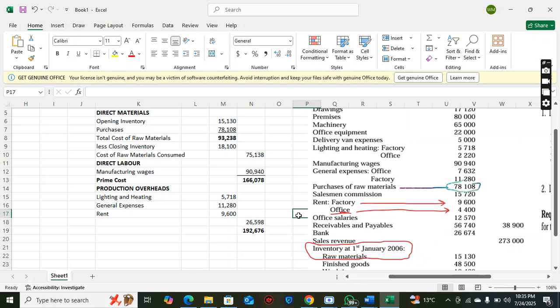Yes. So before we do that adjustment, any questions, colleagues? Cost of goods manufactured.